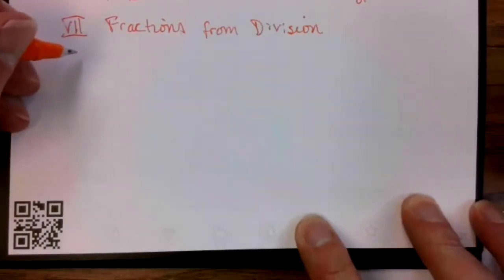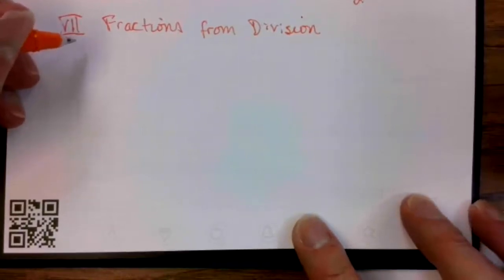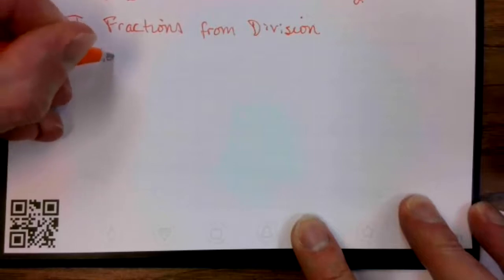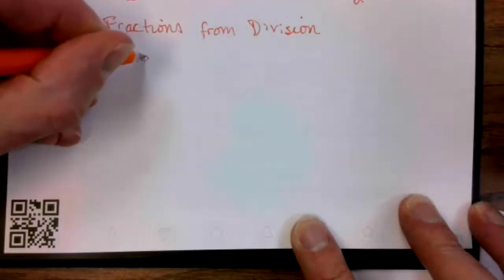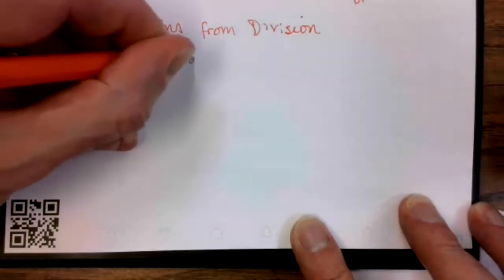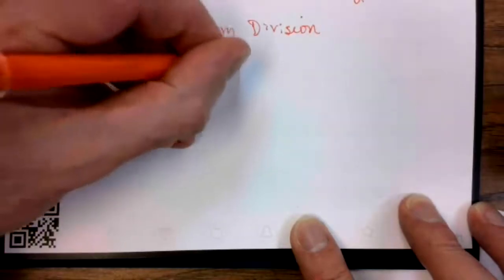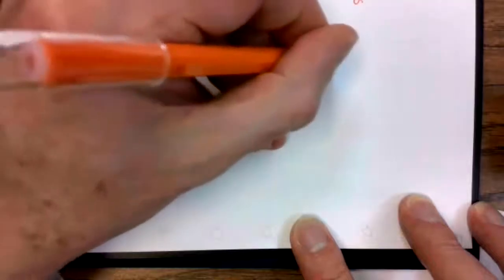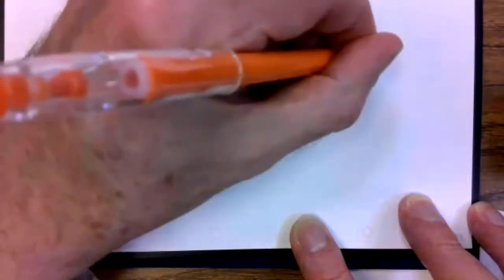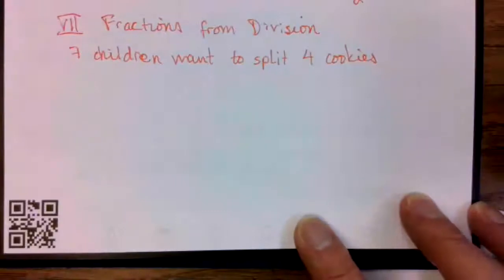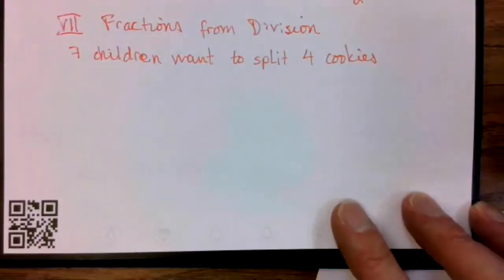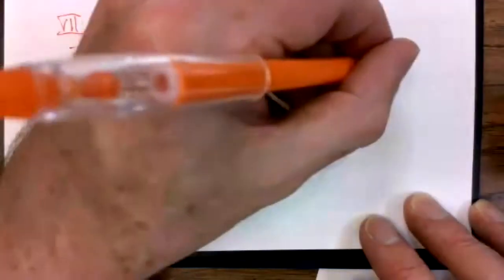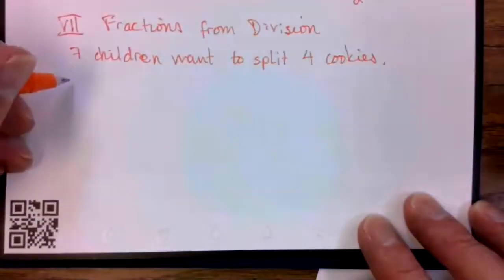This is a good time to introduce things with word problems. So let's say we have 7 children and there are 4 cookies that they want to split between them. So 7 children want to split 4 cookies.